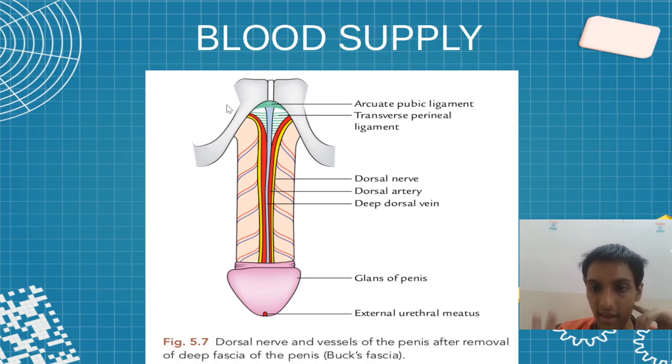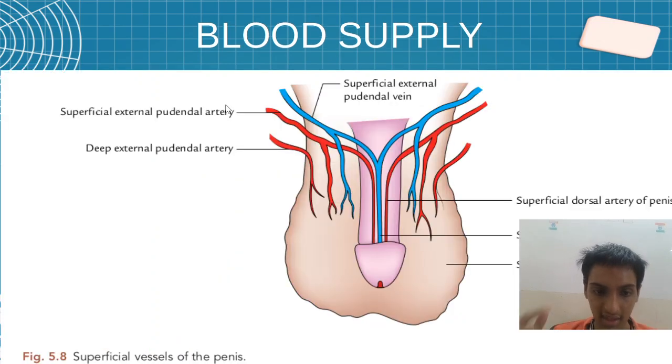So in blood supply, I want you to write the dorsal vessels and nerves with this diagram. Here also, this is the superficial vessels. We have the pudendal and the dorsal vessels. Here blue is the vein, red is the artery. This is the pudendal and this will be the dorsal. So pudendal and dorsal vessels.